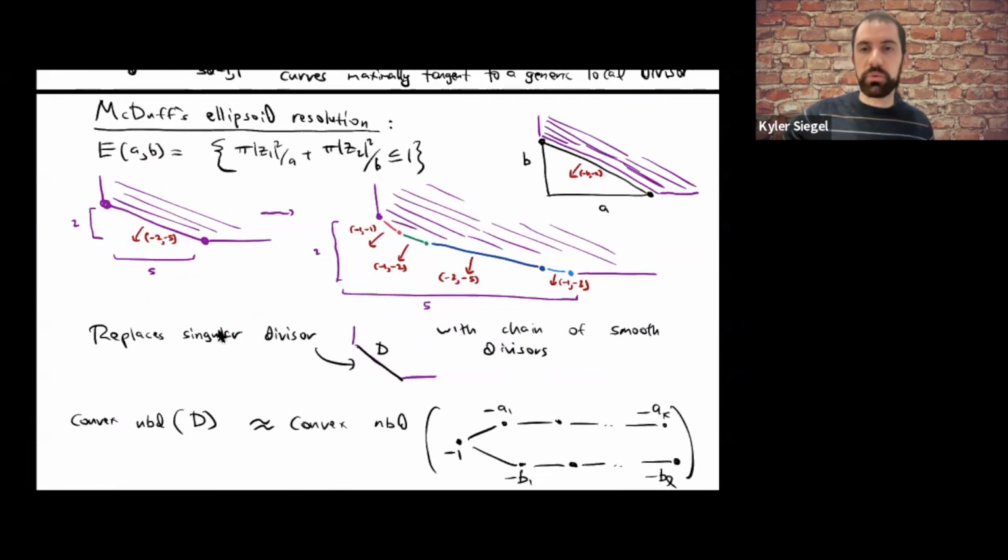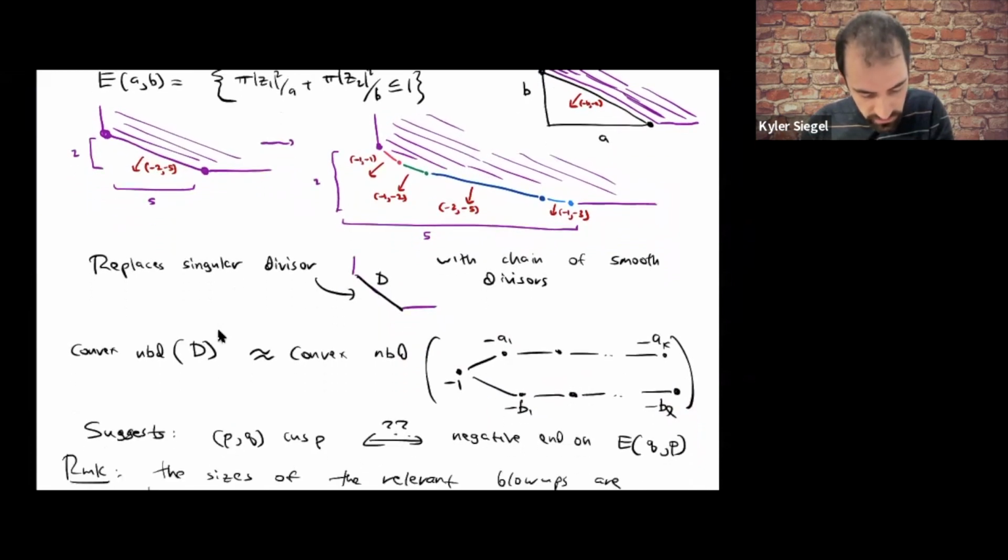In fact, what you're showing is that the ellipsoid E(a,b) gives a convex neighborhood of this divisor, and now you're replacing it with a convex neighborhood of some smooth normal crossing divisor. And it's exactly the same chain that you see in the resolution of the (a,b) cusp of a curve. So you get this -1 curve, and then these 2 chains here.